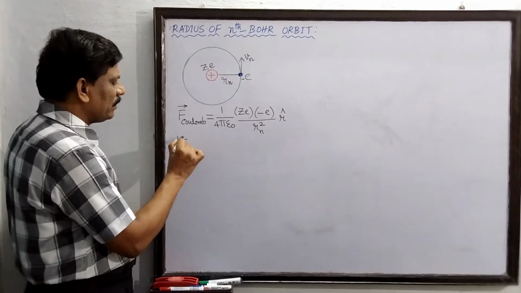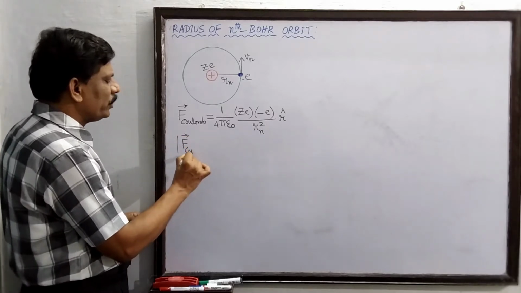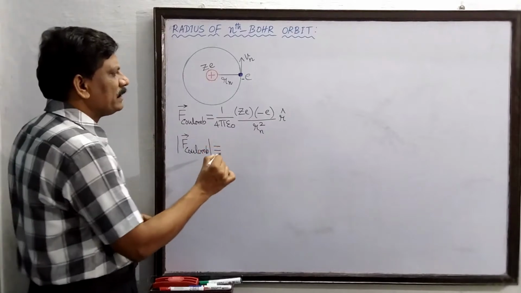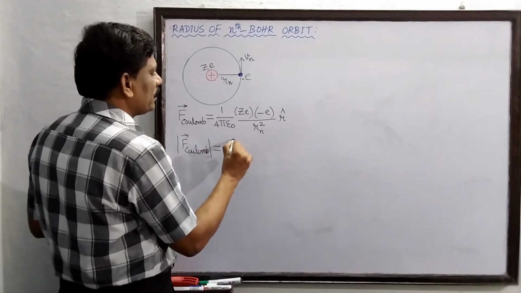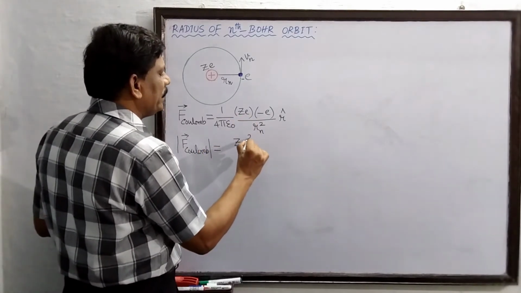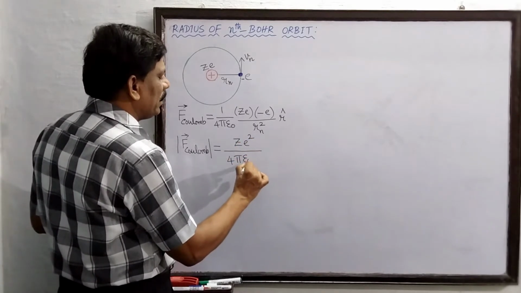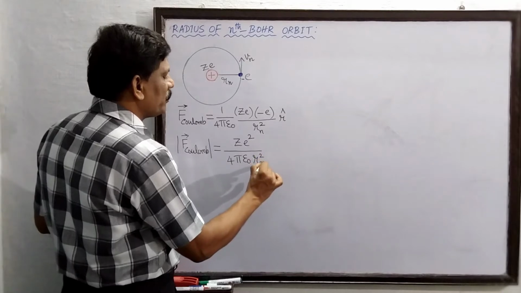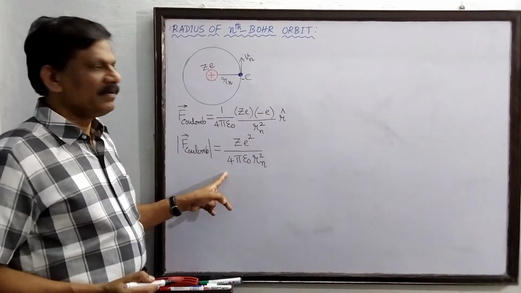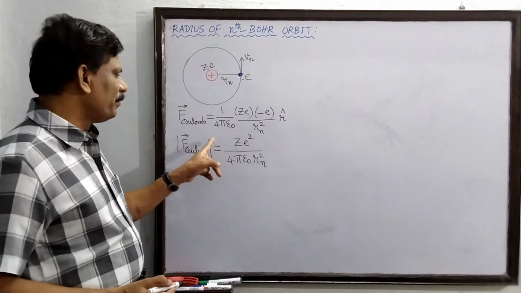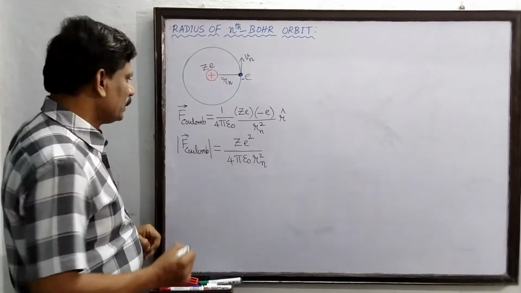The modulus of this vector is the magnitude of the force. So F Coulomb in magnitude is equal to Ze square divided by 4 pi epsilon naught into Rn square. This is a scalar. The first one is a vector; the second equation is in scalar form because it is the magnitude of the vector.